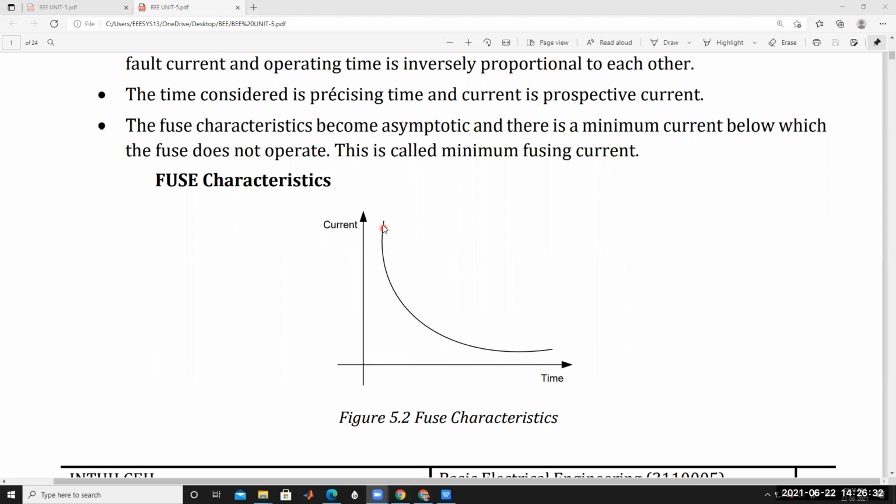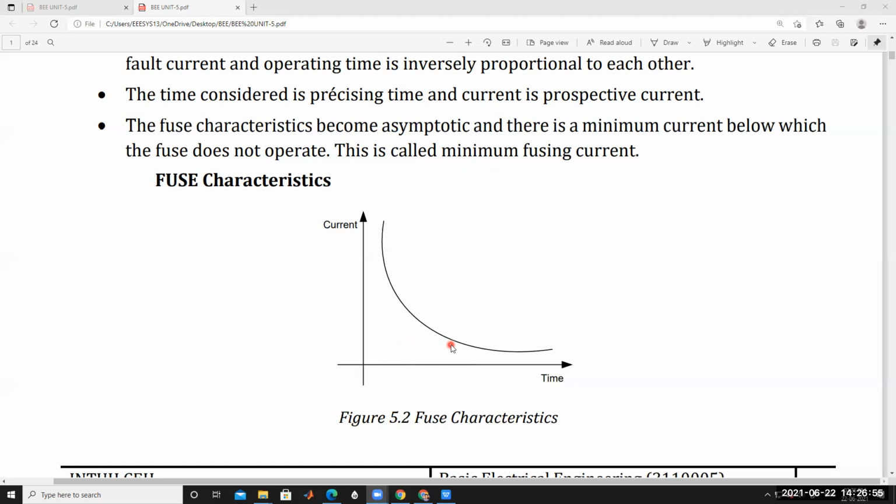But if the fault current is very high, the fuse must operate within microseconds or milliseconds. The operating time of the fuse must be less. Then only are your devices safe. Otherwise, if the fuse opens after the system is damaged, there is no use.